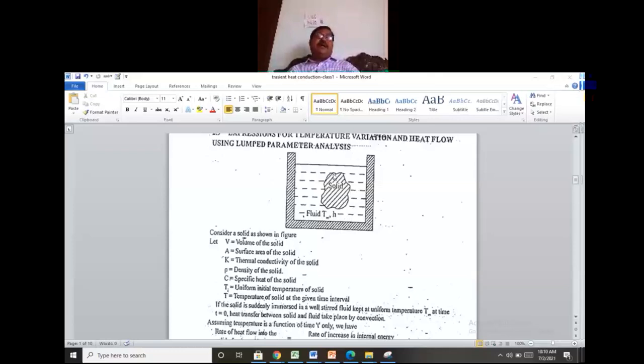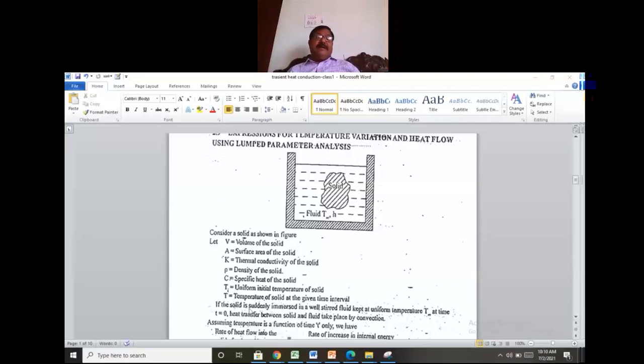There is an irregular solid whose boundary is not a fixed one. The volume of the solid is V and the surface area of the solid is A. K is the thermal conductivity of the solid, rho is the density, C is the specific heat, Ti is the uniform initial temperature of the solid, and T is the temperature of the solid at a given time.